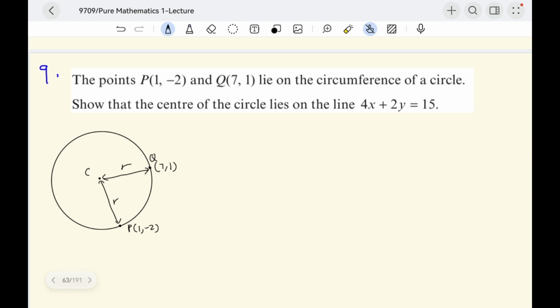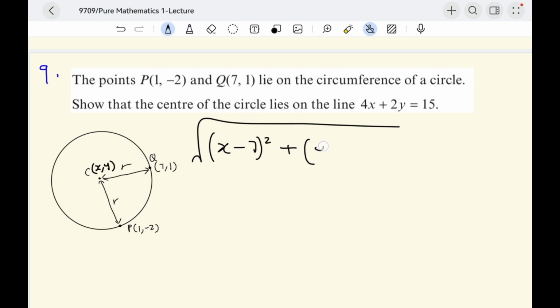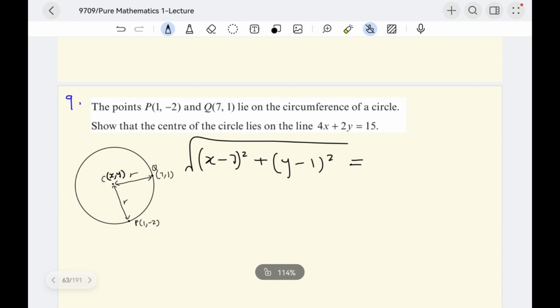So assume C is (x, y). Then I have the square root of (x - 7) squared plus (y - 1) squared, which equals the square root of (x - 1) squared plus (y + 2) squared.